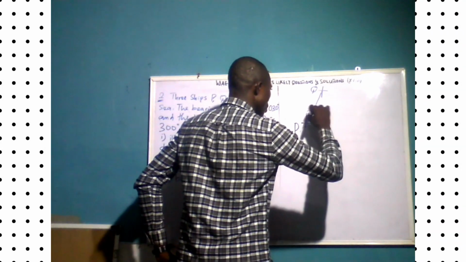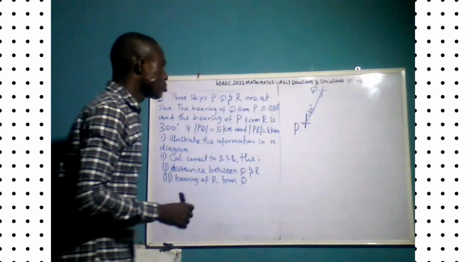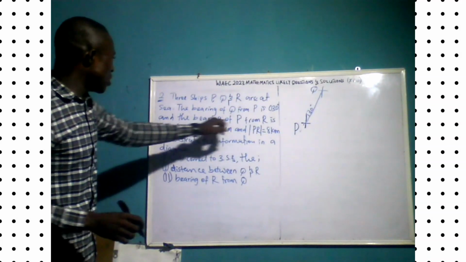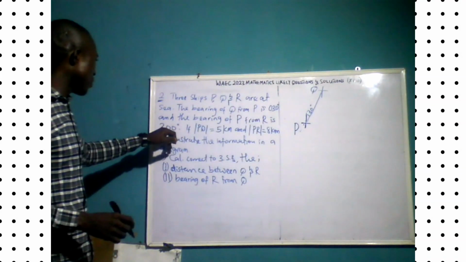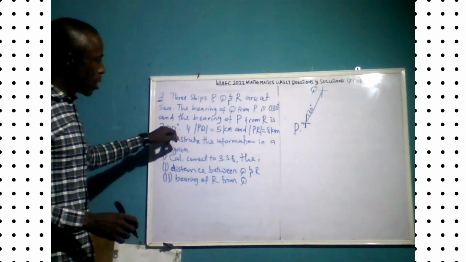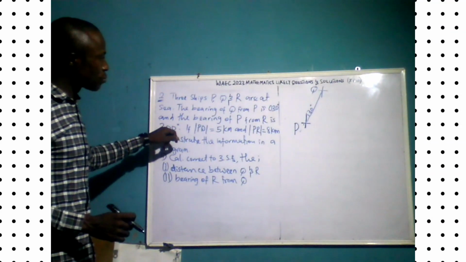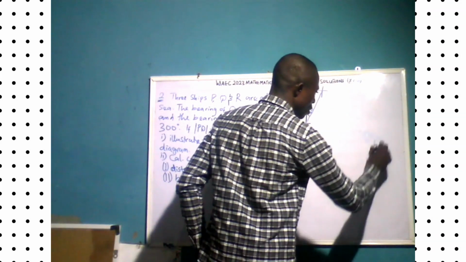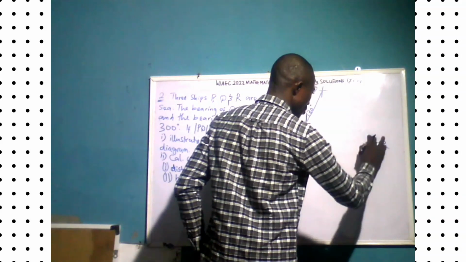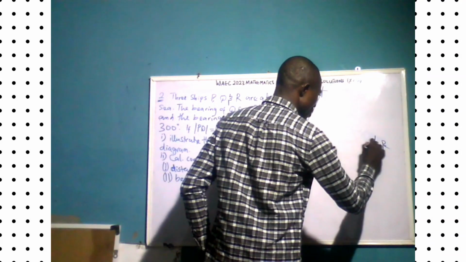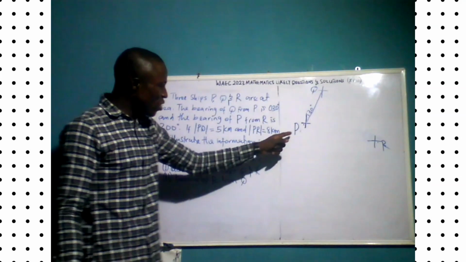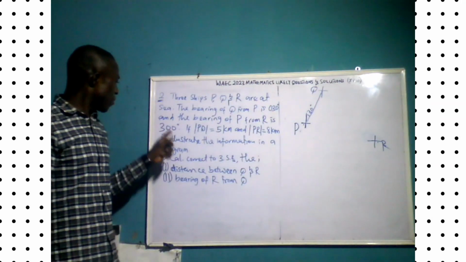This is the bearing, 30 degrees. The next thing is to look at the next statement: the bearing of P from R is 300 degrees. If you have point R here, draw the cardinal points, and you measure the bearing of P from R to be 300 degrees.